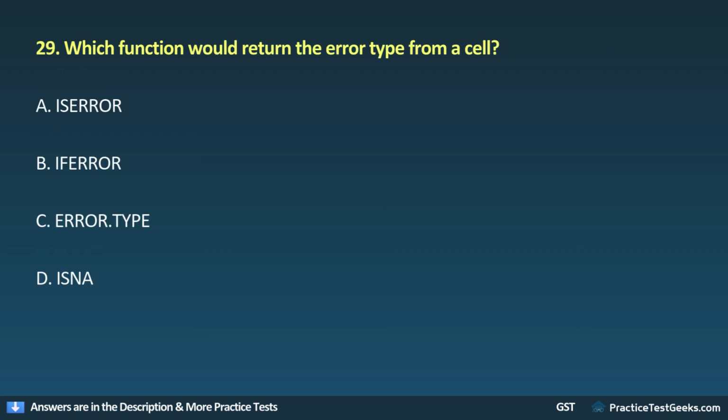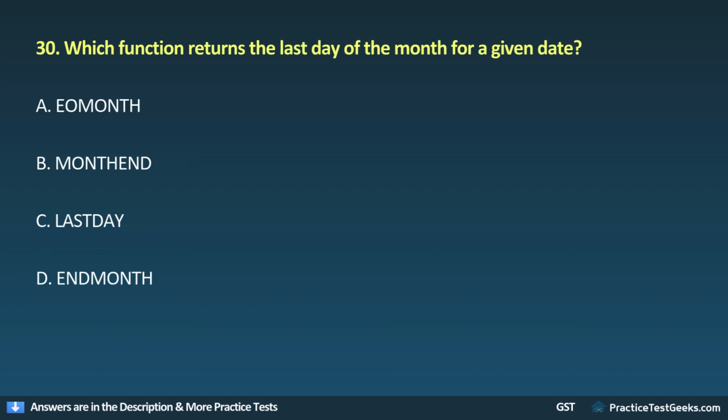29. Which function would return the error type from a cell? A. ISERROR. B. IFERROR. C. ERROR.TYPE. D. ISNA. 30. Which function returns the last day of the month for a given date? A. EOMONTH.